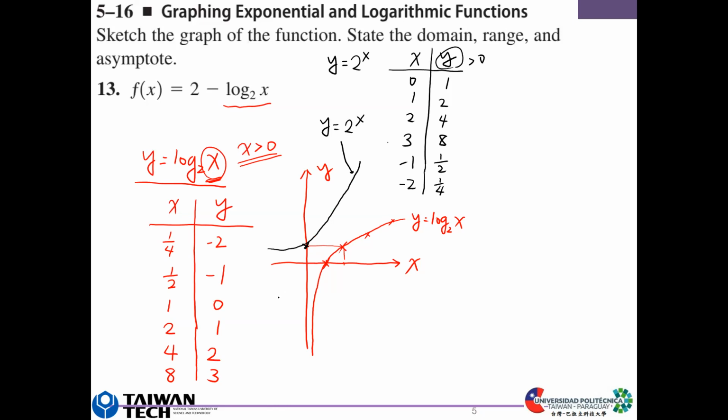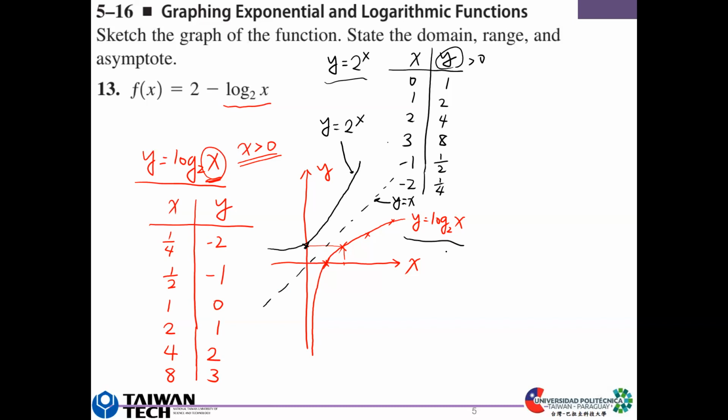So they are symmetric about y equals x, which means this is the exponential function using 2 as a base, and this is the log function using 2 as a base. They are symmetric because they are each other's inverse function.